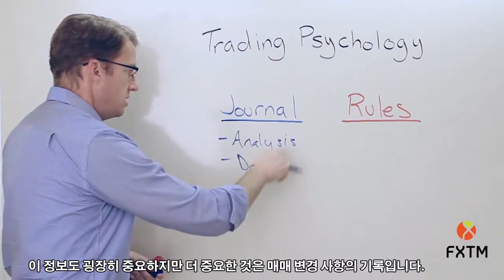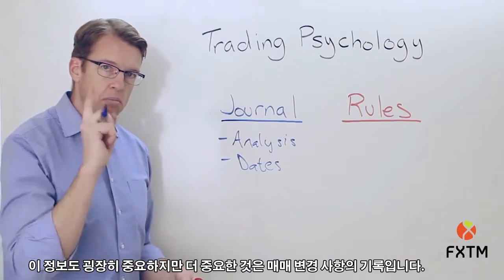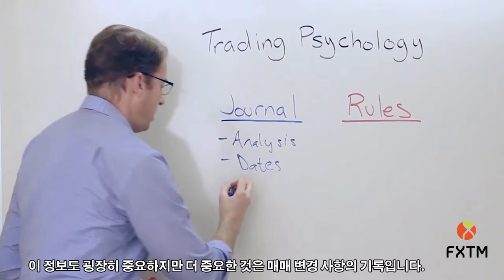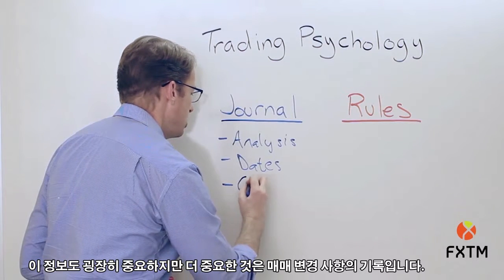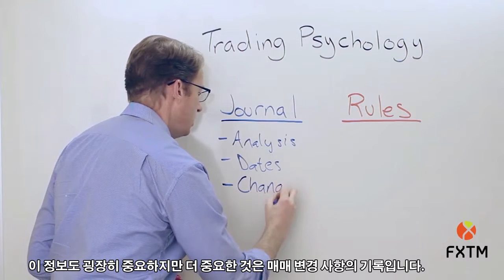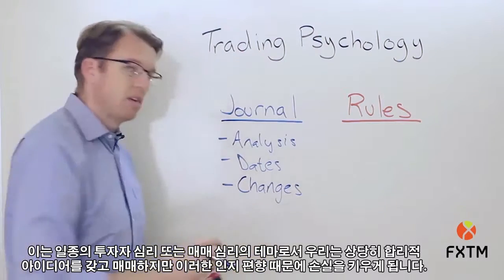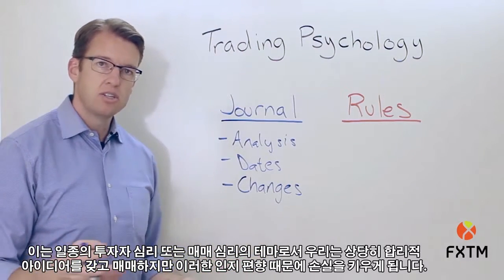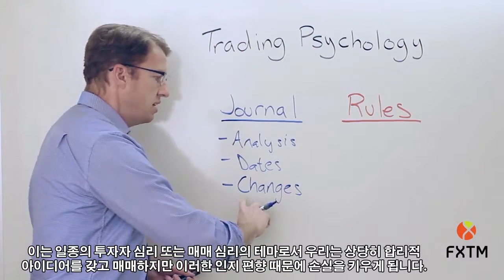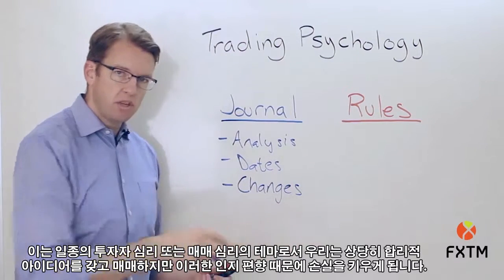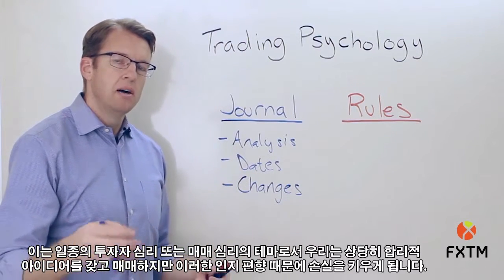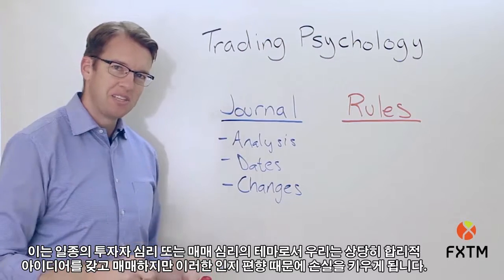This information is absolutely critical, but it's not more important than finally recording changes to your trade. This is something that is a bit of a theme in investor psychology or trading psychology, that we tend to go at a trade with a fairly well-reasoned idea, but then sabotage ourselves because of these biases.